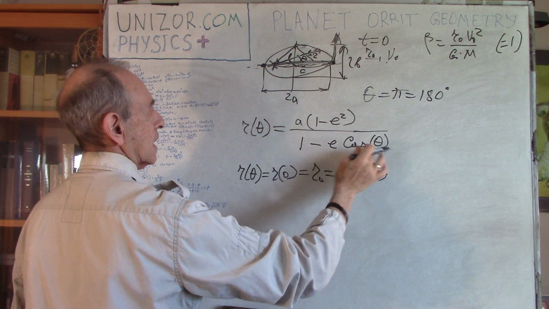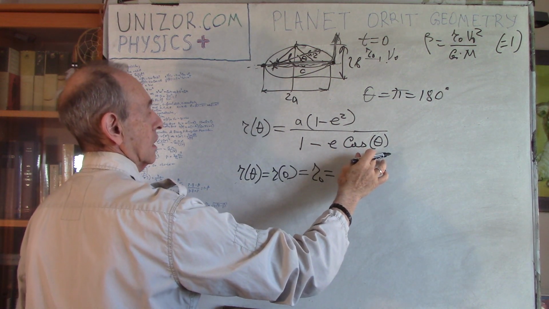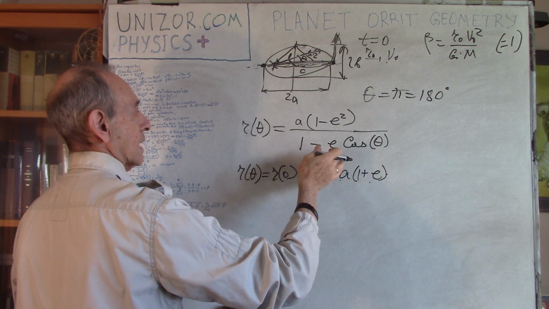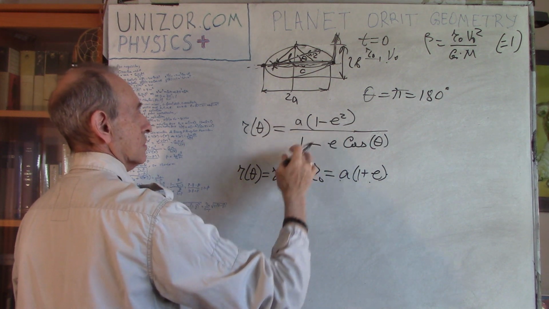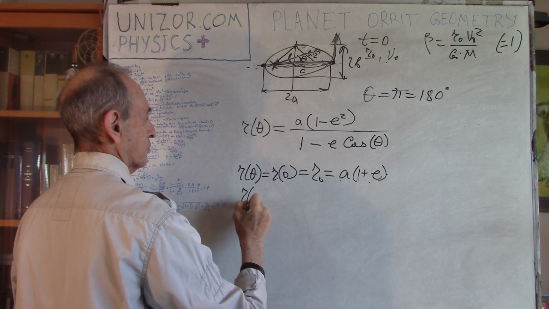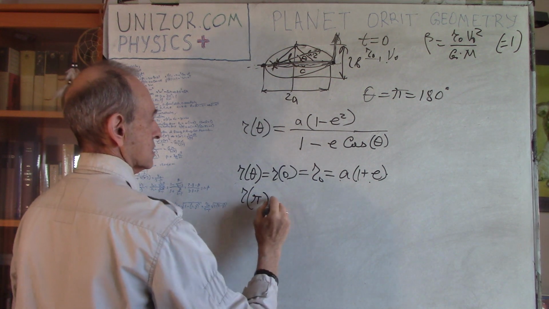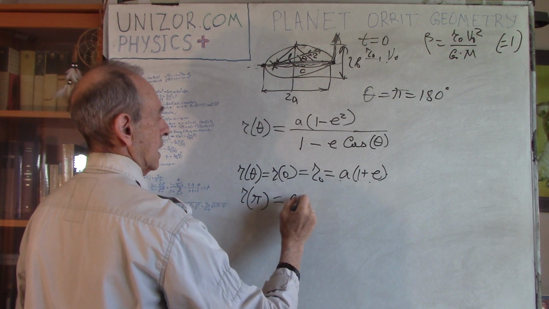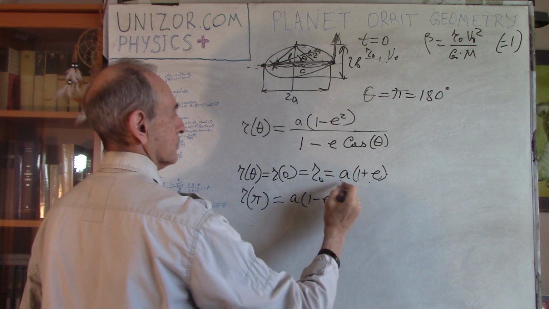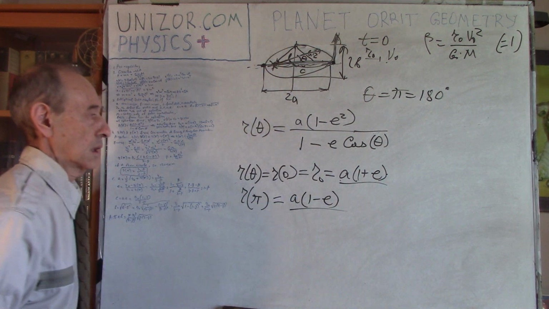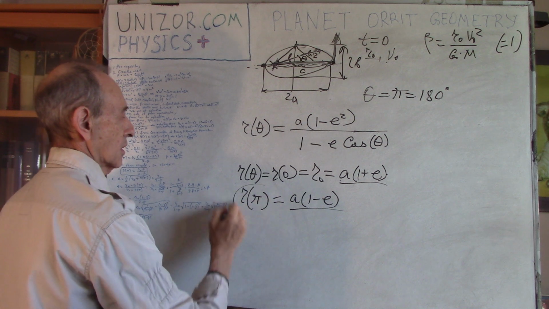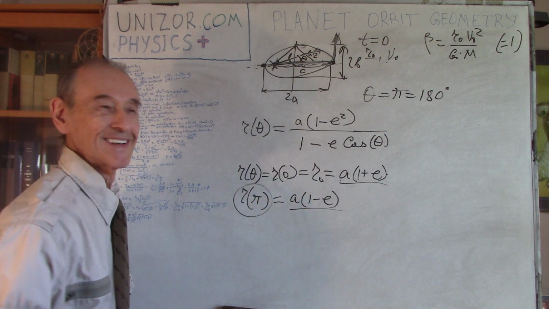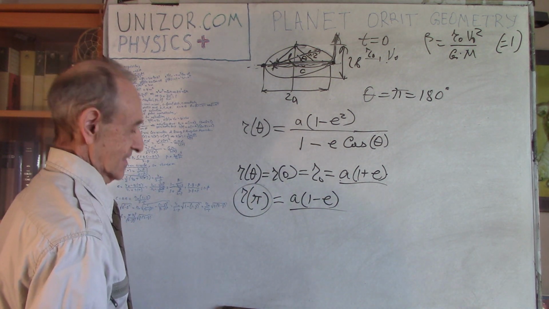In this case, cosine is equal to minus 1. So it would be 1 minus e. So the result would be r of pi is equal to a times (1 plus e). So we have two equations. Unfortunately, we have the third unknown. Okay, so what do we do?